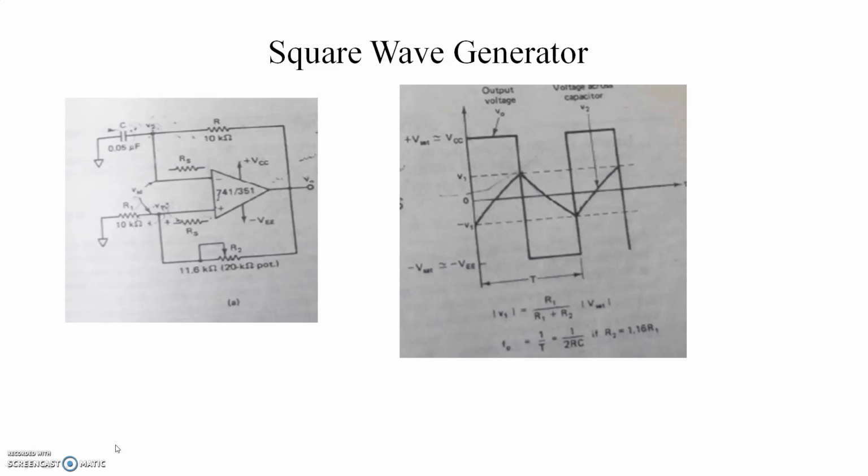Since initially the voltage across the capacitor is 0, and the gain of the op-amp is very large, V1 drives the output of the op-amp to its positive saturation, plus Vsat. Initially, we assumed that the output offset voltage is a small positive quantity.